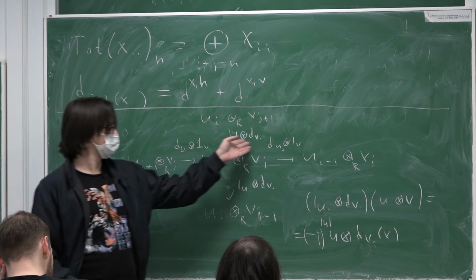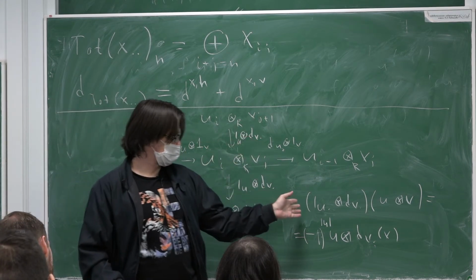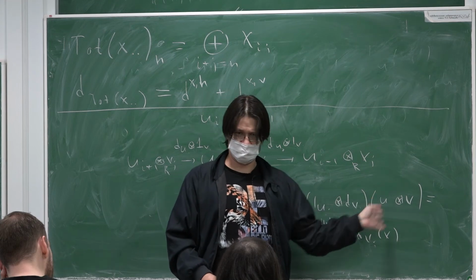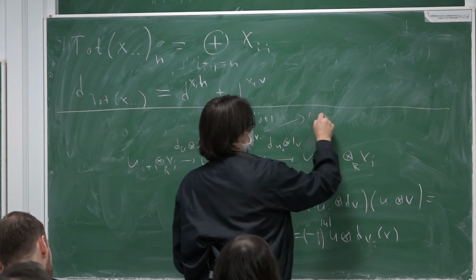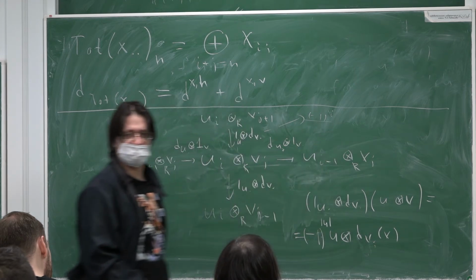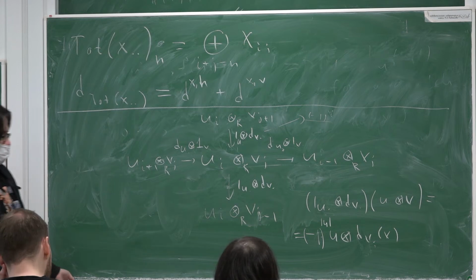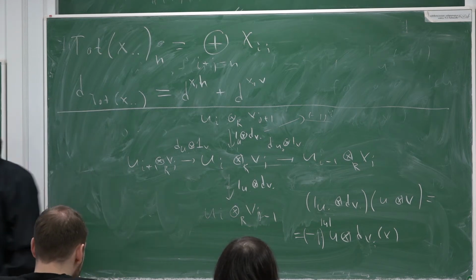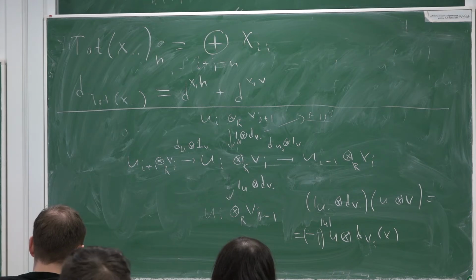If you want to apply it directly, to interchange, don't put the sign, you have to put here minus 1 in the ith power. But in fact, you don't need that, because you always work with graded modules and maps between graded modules. It is more convenient.